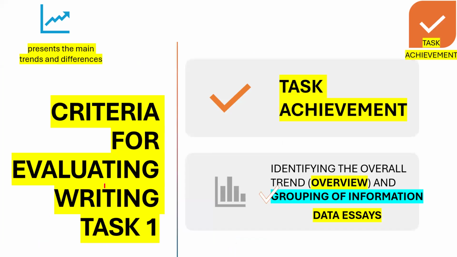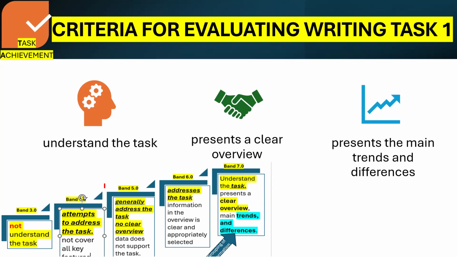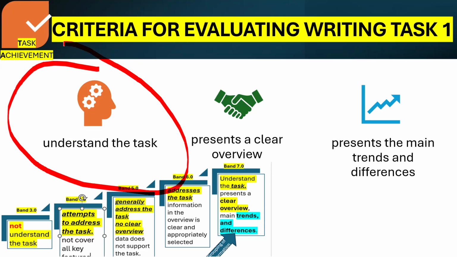Now we move on to presenting the main trends and differences. Again, this is the last one in understanding the task to getting a band 7.0 for IELTS writing task 1. So again, we have covered the first criteria, which is understanding the task. Here we learned 3 key points in understanding the task.